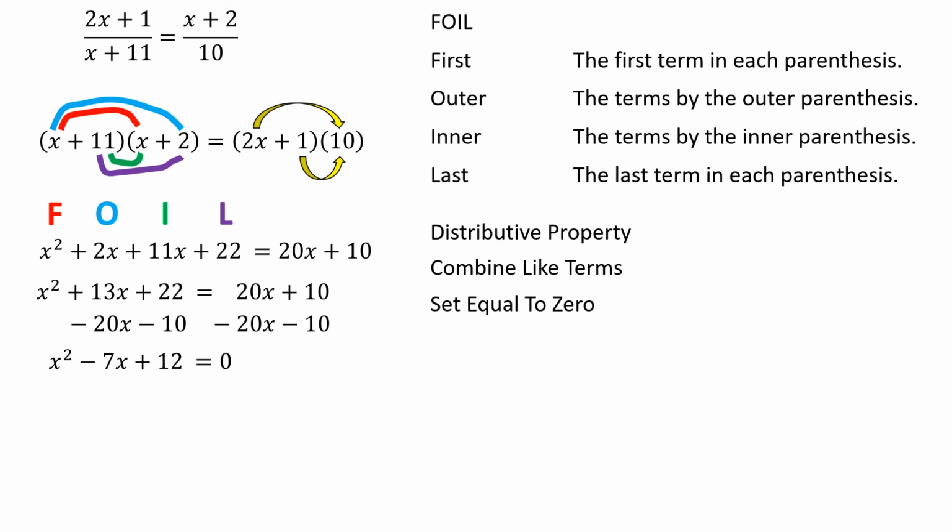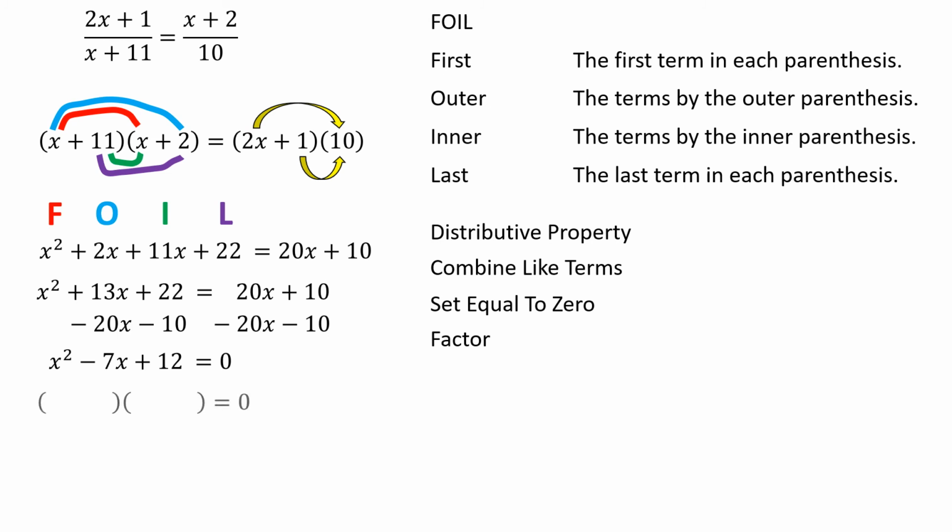Now you have not 1, not 2, but 3 choices. You could solve by completing the square. You could solve by using the quadratic formula. However, I think in most cases, factoring is going to be the quickest, easiest solution. So let's factor.